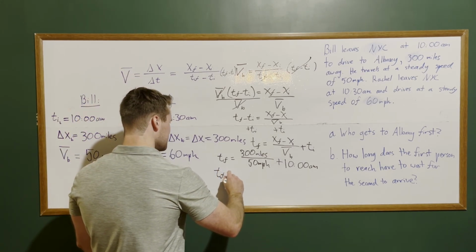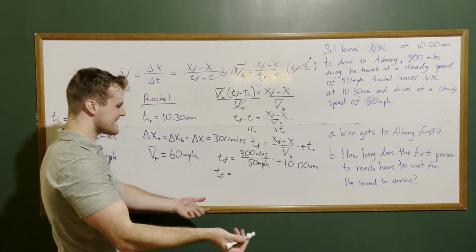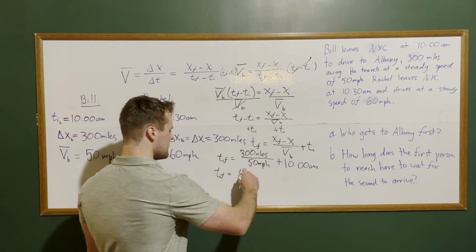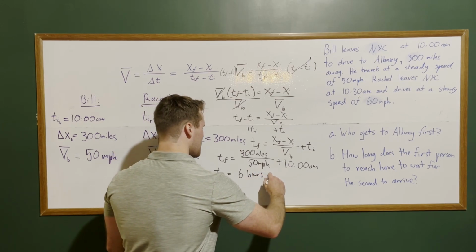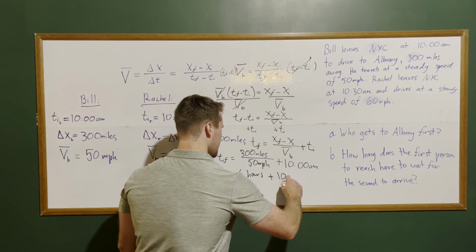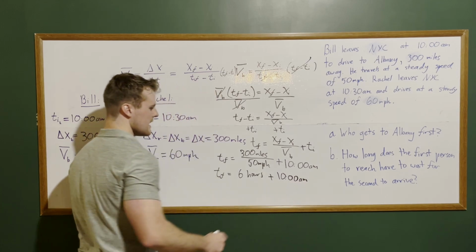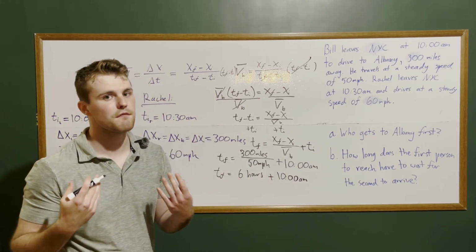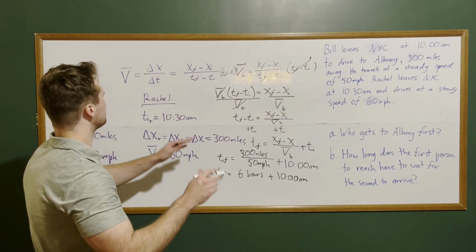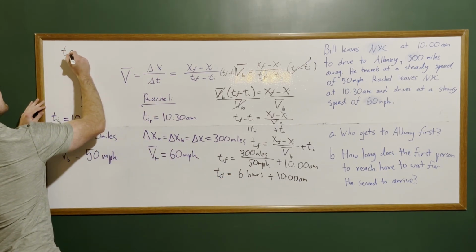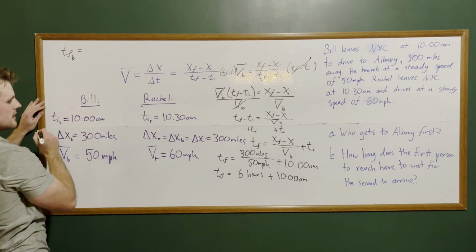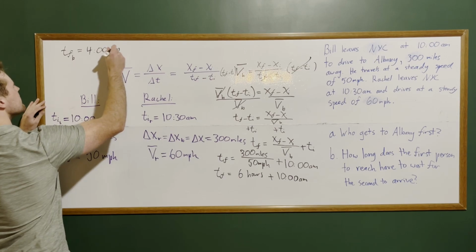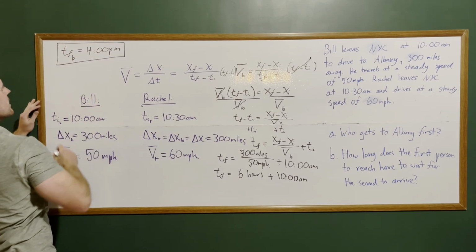T sub f equals 300 over 50, which is just 6. Miles cancel with miles, so we just get hours. 6 hours plus 10 a.m., which is our initial time. I know the units look weird here, but 6 hours plus 10 a.m. is just going to bring us to 4 p.m. So I'm going to write the final answer over here. T sub f for Bill equals 4 p.m. All right. Not bad.